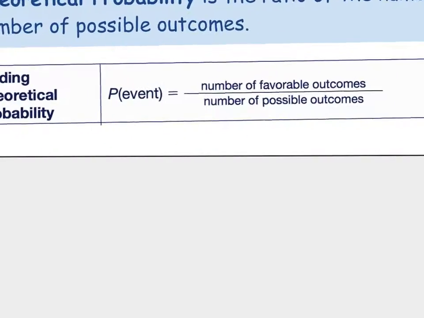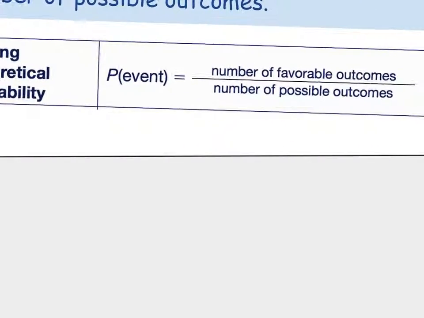Mathematically, we write that as this. The P of an event, the probability of whatever the event is, equals the number of favorable outcomes, in other words, how many possibilities there are for that specific outcome, out of the total number of possible outcomes.